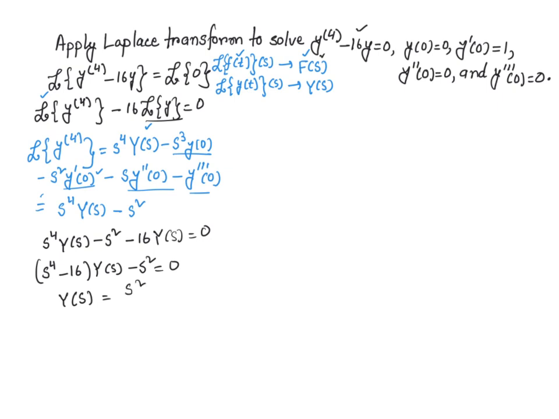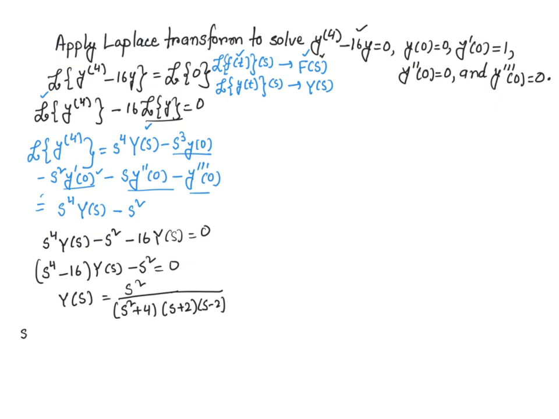So if I simplify it, I'm going to get Y of s is equal to s square over s to the power 4 minus 16, which is s square plus 4 times s square minus 4. So s square minus 4, I could break it down into s plus 2 times s minus 2. All right. Now this right hand side, I could do partial fraction for it.